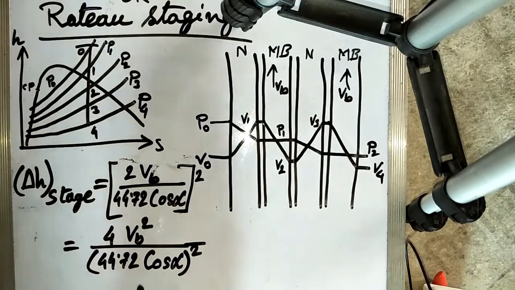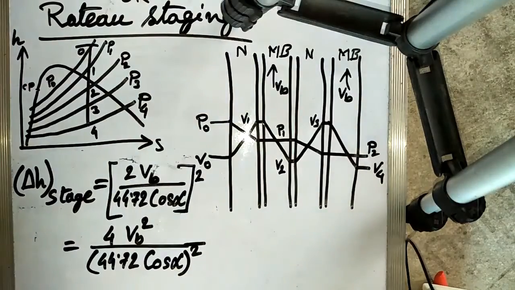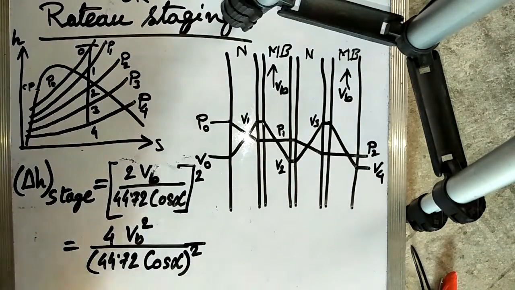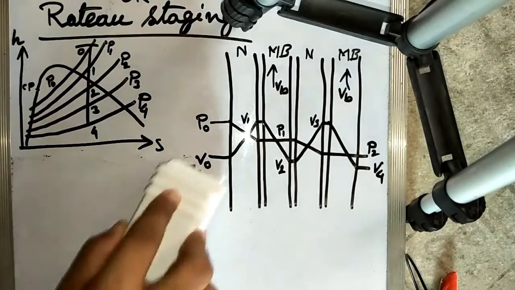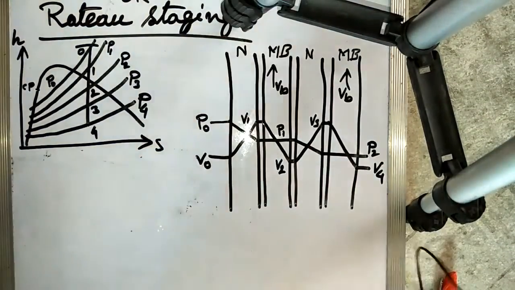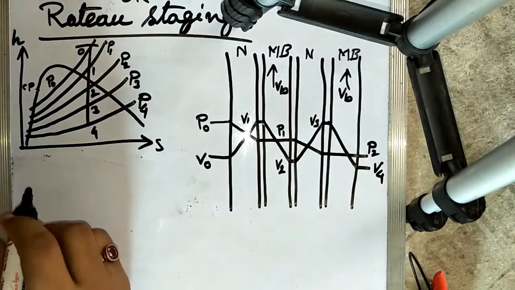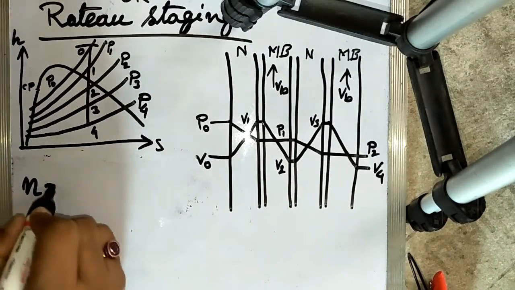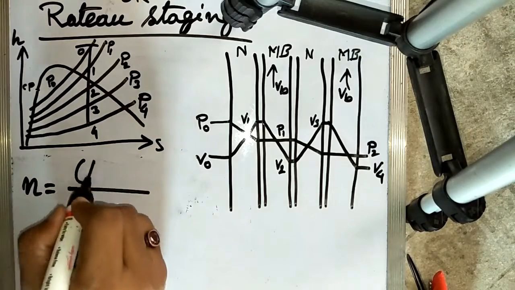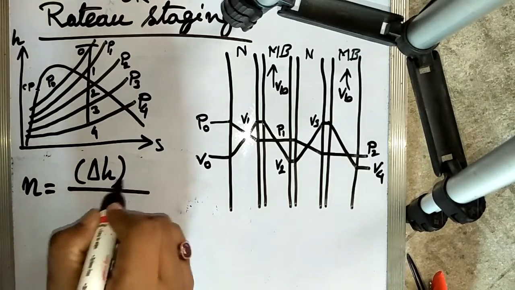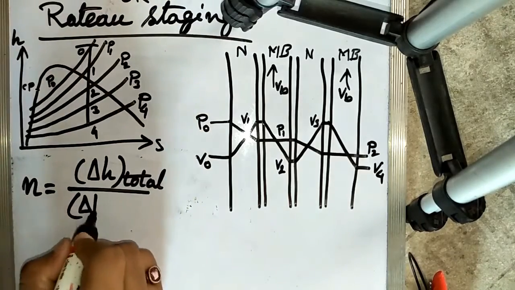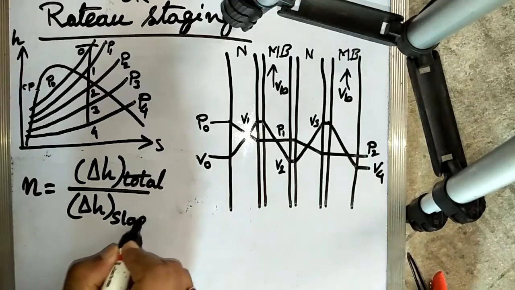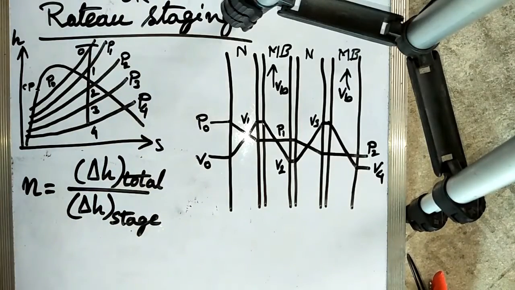So the number of stages, as we have already found, is equal to the total enthalpy drop divided by the stage enthalpy drop. This comes from the earlier equations.